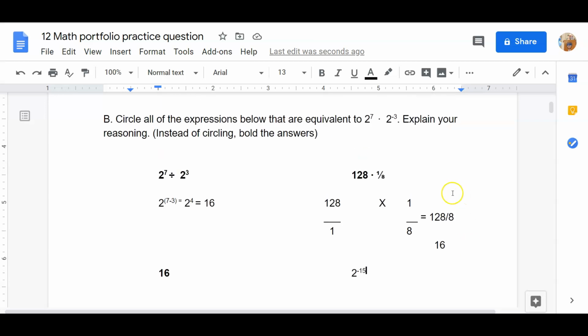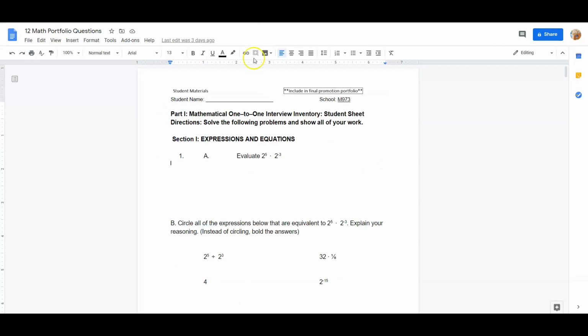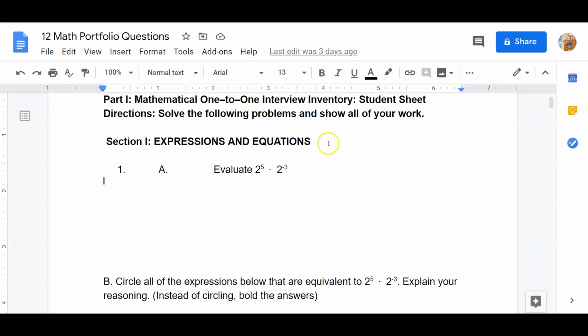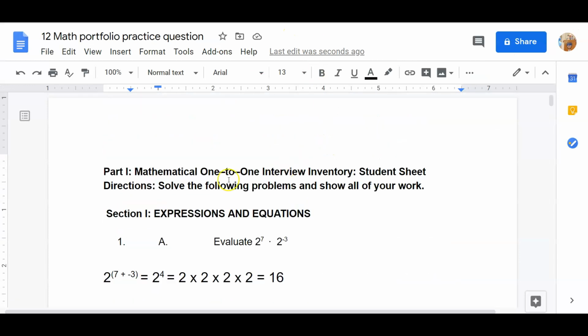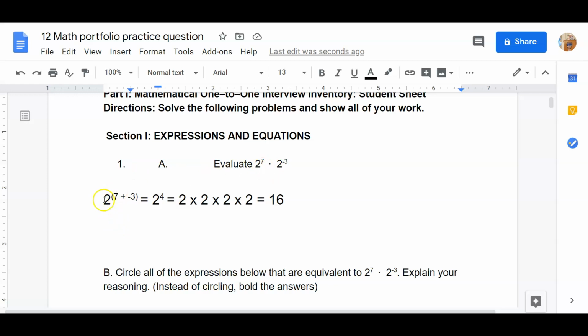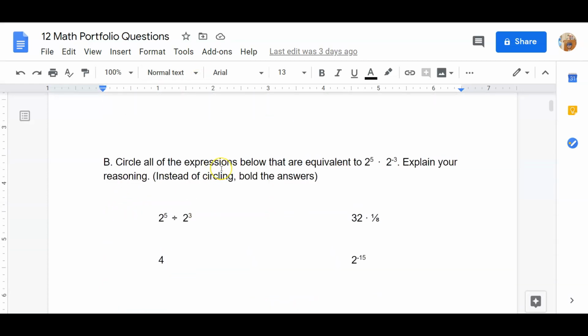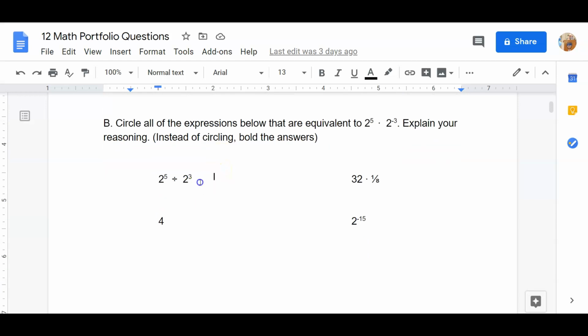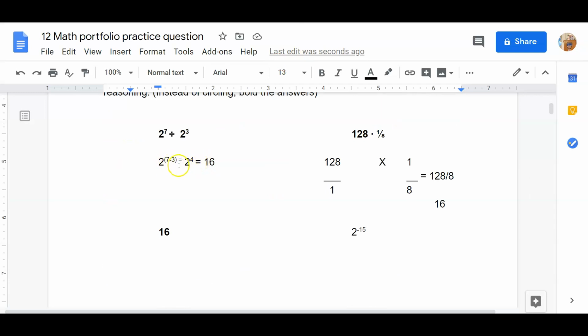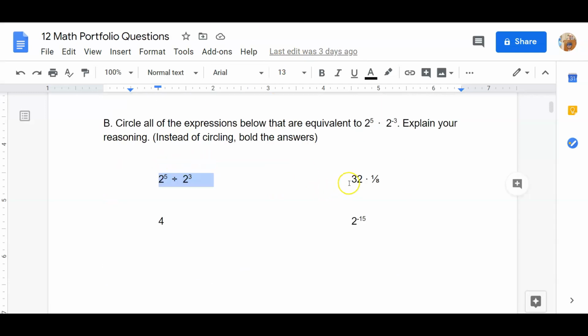Now, when you answer the problem on your portfolio, which looks like this, use the same method. Keep the base and add the exponents for letter A. When you get here, you need to follow the rules of dividing. Keep the base and subtract. Here, 32 times 1/8, it's the same thing as 32 divided by 8, right?